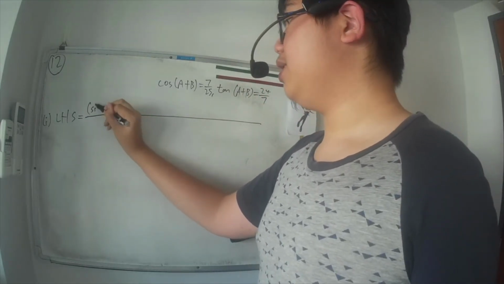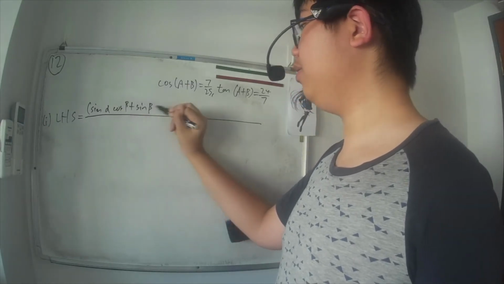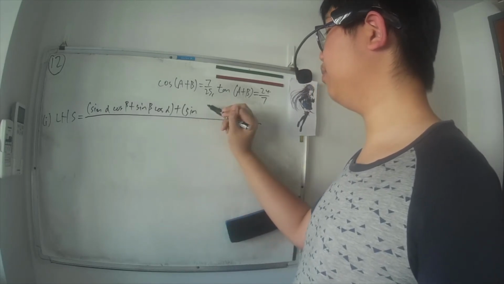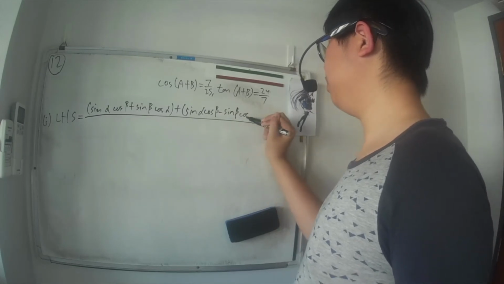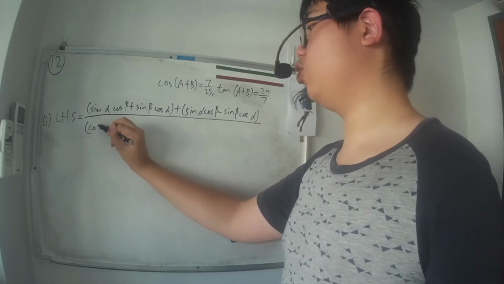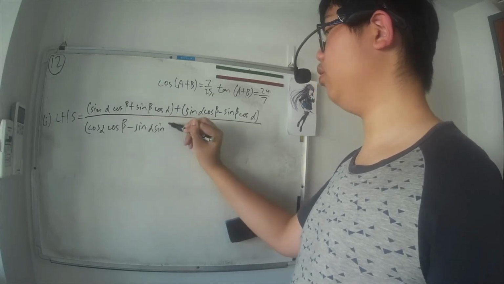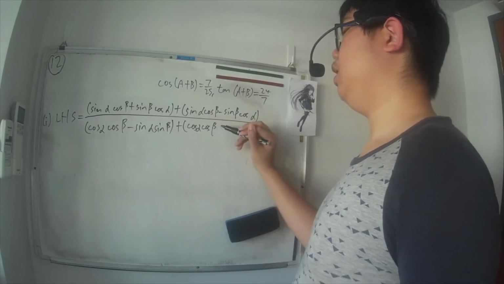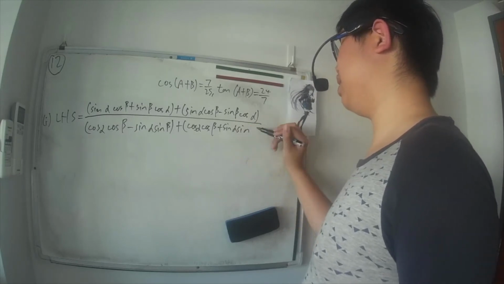So this is sine alpha cosine beta plus sine beta cosine alpha, plus sine alpha cosine beta minus sine beta cosine alpha. And then this whole thing is divided by cosine of alpha plus beta, so this is cosine alpha cosine beta minus sine alpha sine beta, and then plus cosine alpha cosine beta, no, plus sine alpha sine beta.